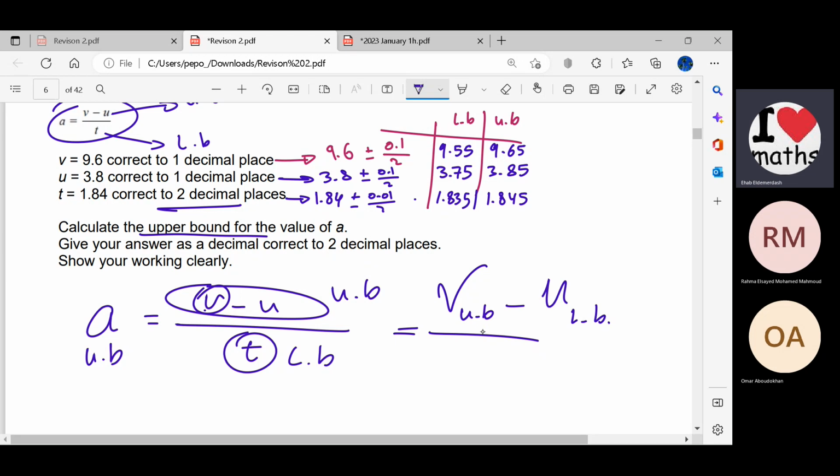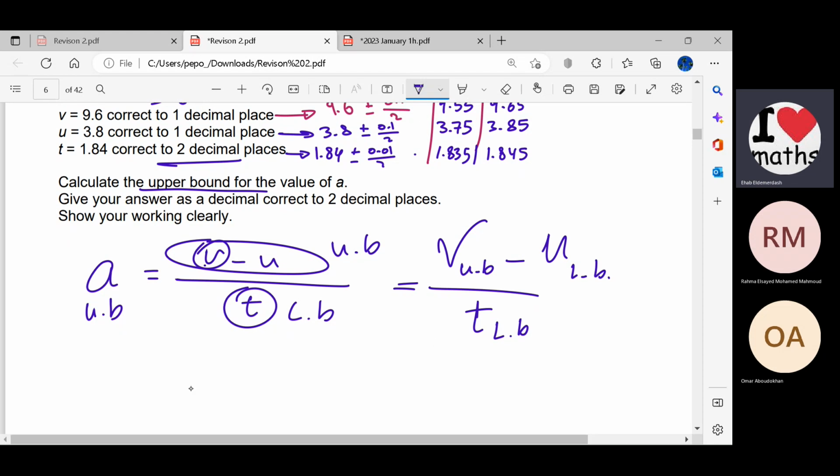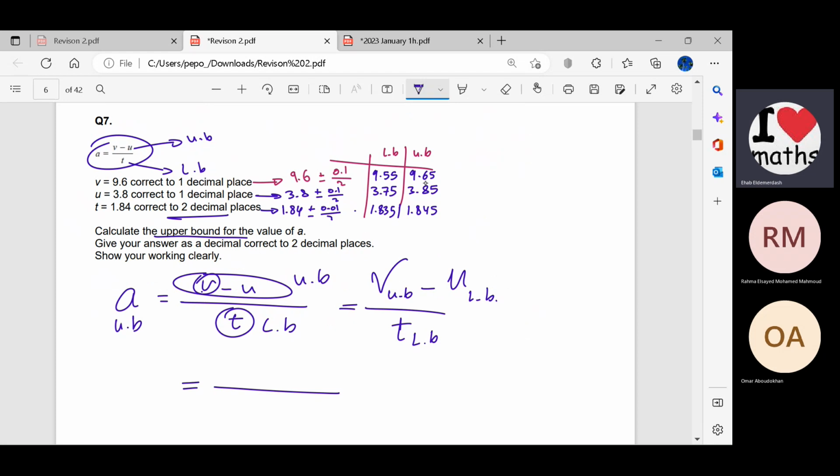So I get v as upper bound and u as lower bound, divided by t, which is lower bound as well. Let's work on the question. I need v as upper bound. Who can give me v as upper bound? It's 9.65. Minus u as lower bound, which is 3.75, divided by t as lower bound.